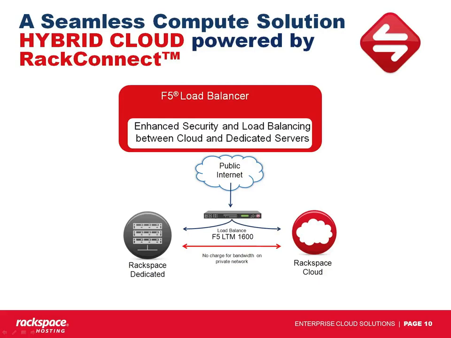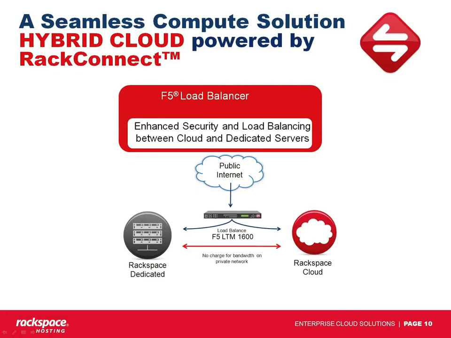Now, this architecture gives you a number of advantages over having to choose just cloud or just dedicated. Some of our customers choose dedicated hosting because they need specific requirements, particularly a common scenario would be for a database. They've got a lot of I/O coming out of that database, and that's going to perform really well on a large, multi-core box with lots of RAM and solid-state drives.